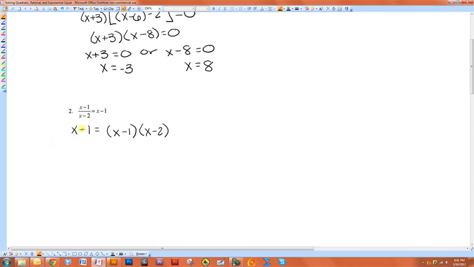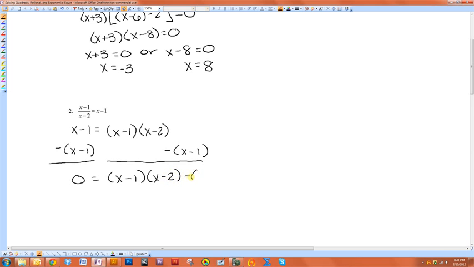So what I'm going to do is subtract this from both sides. So I'll have 0 here, then x minus 1 times x minus 2 minus x minus 1.